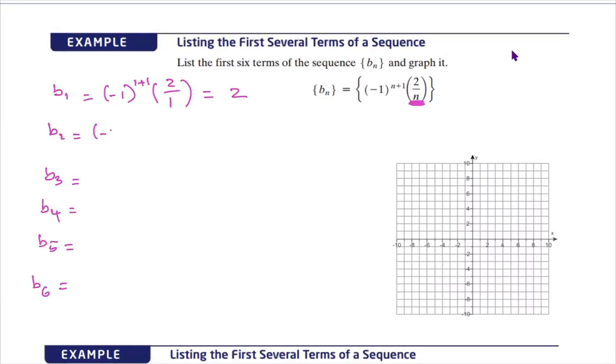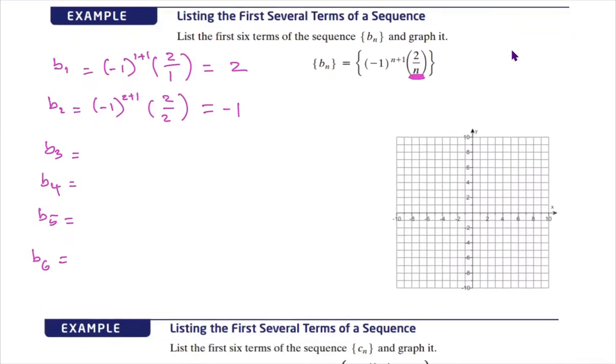So that's -1 exponent 2 plus 1, 2 over 2 equals -1. Okay, that's -1 exponent 3 plus 1, 2 over 3. So that is positive 2/3.